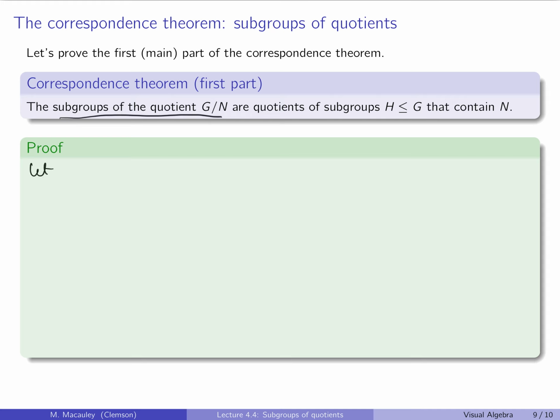We want to show that H mod n is an actual subgroup of G mod n. And we know this is a set of cosets. So how do we do that? Well, we've basically done it up here with the one-step subgroup test. So let's take, I'll write it again, H1n and H2n in H mod n.